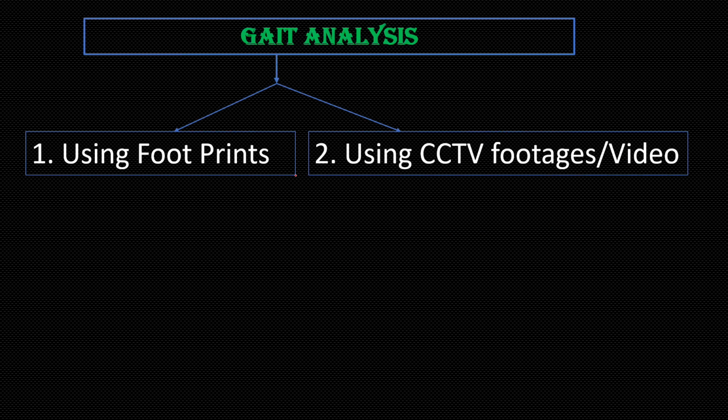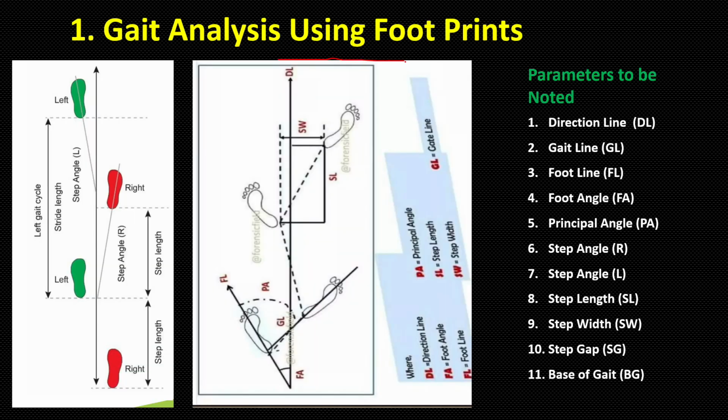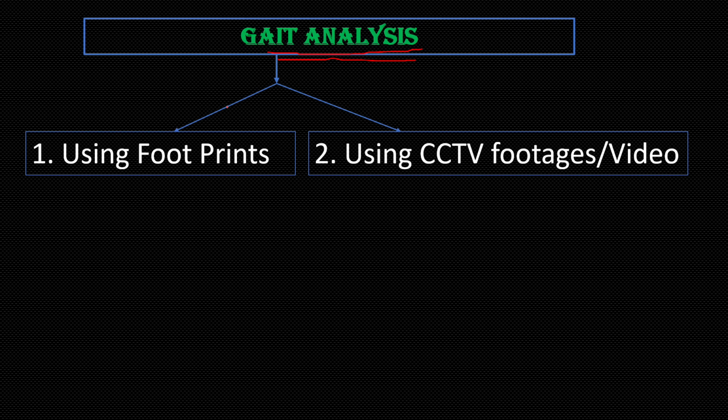So gait analysis can be done on the basis of two things. Number one, gait analysis based on the footprint. If the footprint is available on the ground or anything, gait features can be calculated by using the footprint.